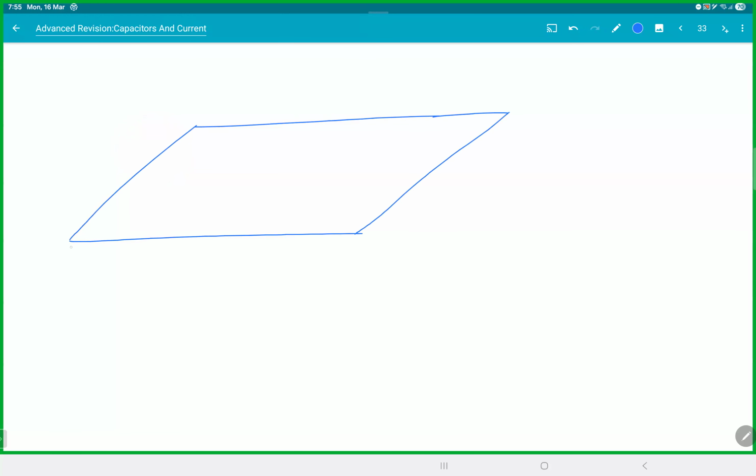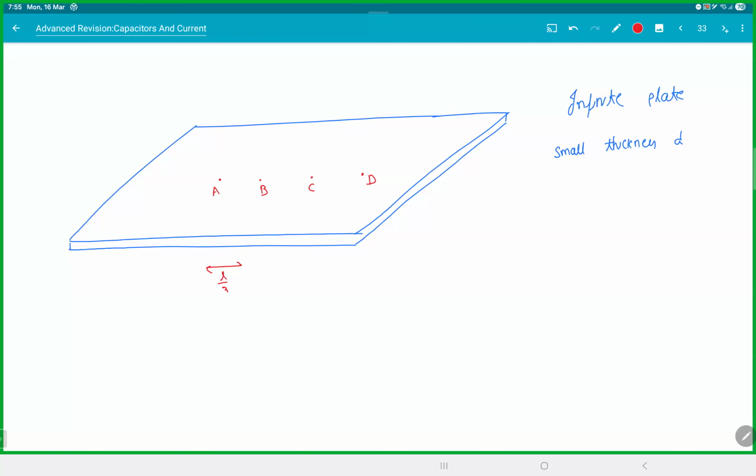We have a big infinite plate, small thickness D. So there are 4 points here, A, B, C, and D. Distance between them is L by 3, L by 3, and L by 3.